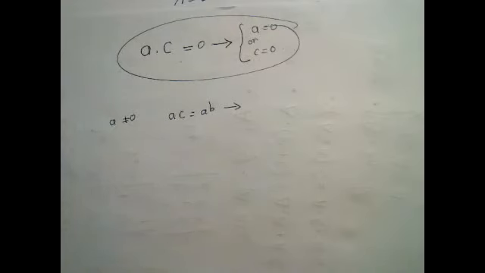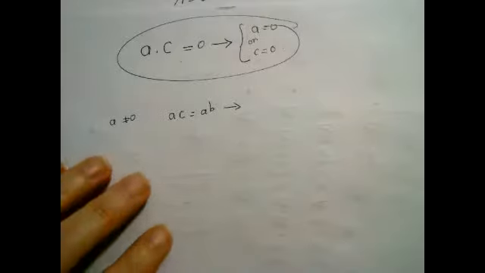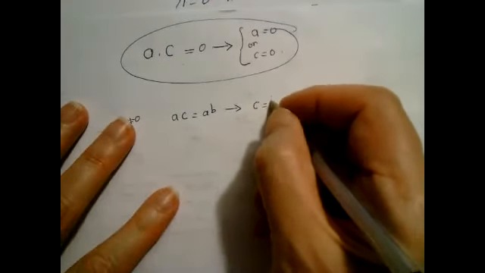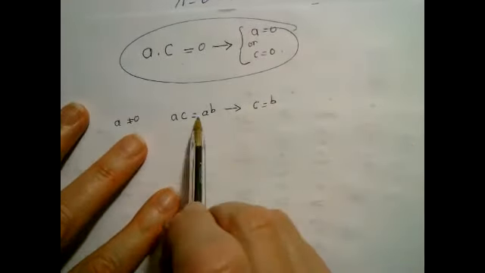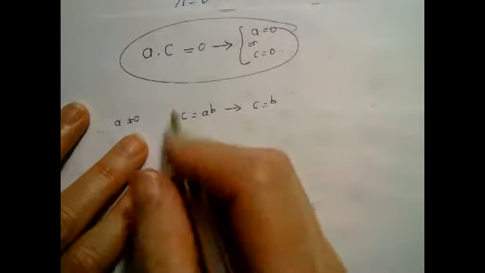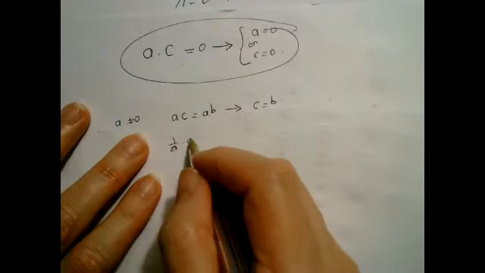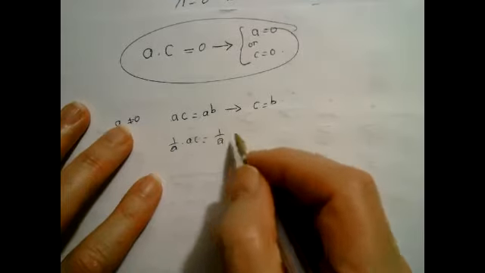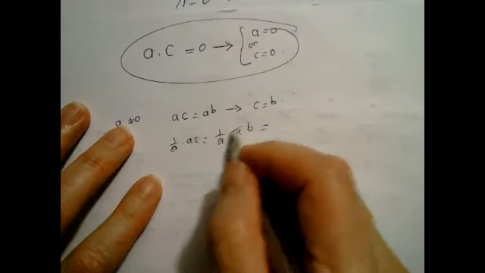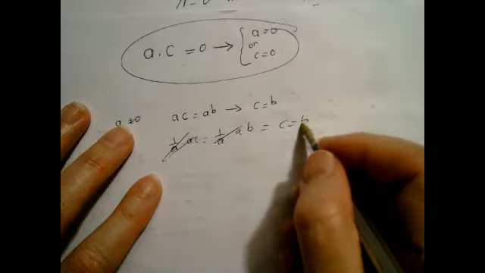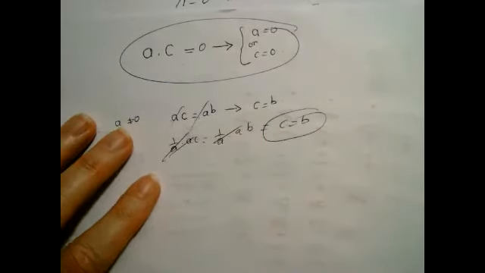What can you say about B and C? They're equal, right? You can say, okay, A is different from 0. You can divide by A, both sides, because it's non-zero. And then you get C equal to B. So basically, you simplify by A.